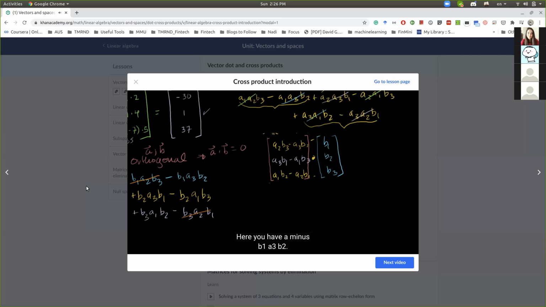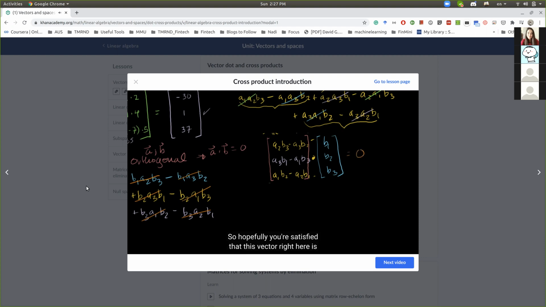This is a plus the same thing, right? That's just switching the order of the multiplication. These two are the same term. They're just opposites of each other. So they cancel out. And then finally, you have a B2, an A1, and a B3. It's a negative. And then you have a positive version of the same thing. So these two guys cancel out. So you see that this is also equal to 0.